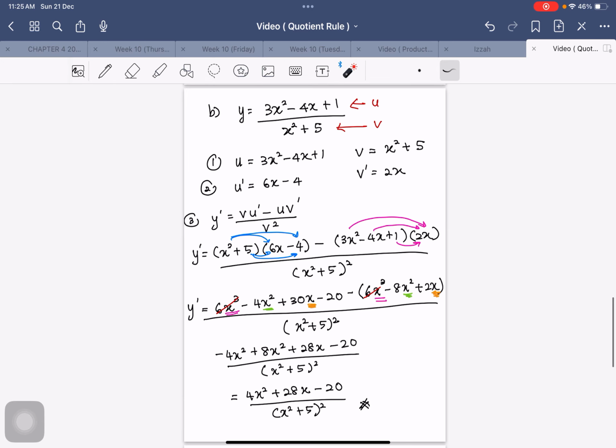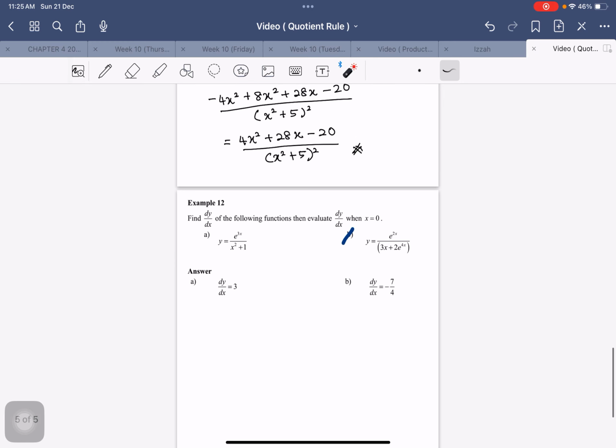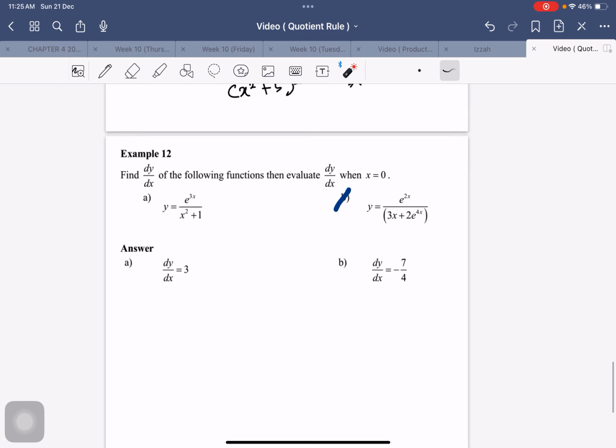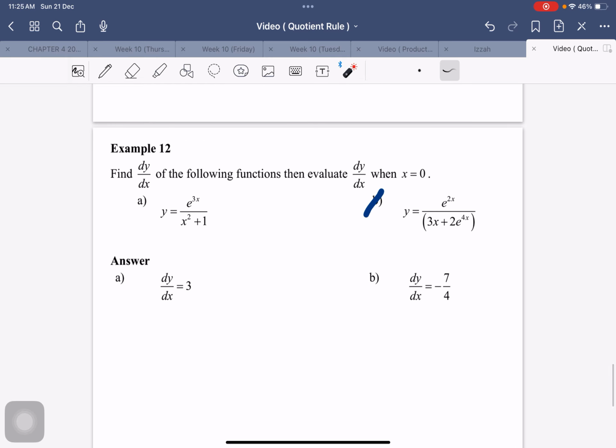Okay, so in the next example here, I want to show to you another kind of question that might be asked lah. Okay, so, bukan hanya boleh cari dy dx. Another one is how we want to evaluate dy dx when you are given a certain condition. So apa maksud soalan ni?